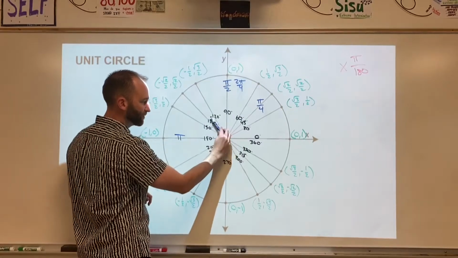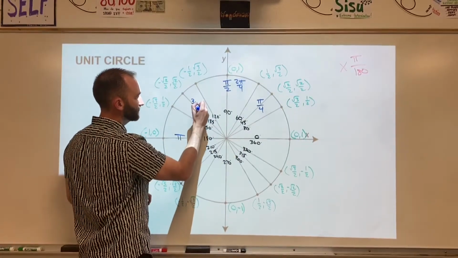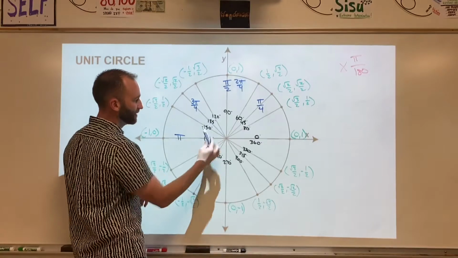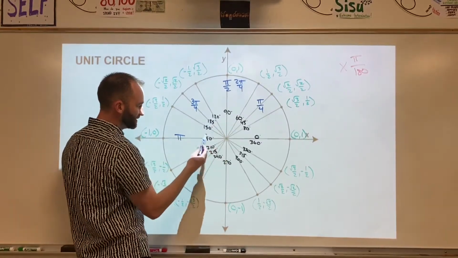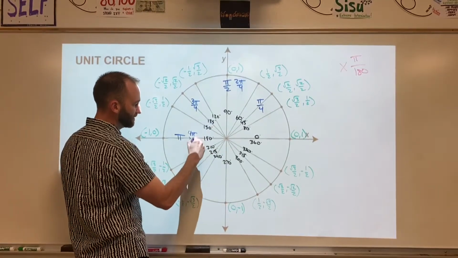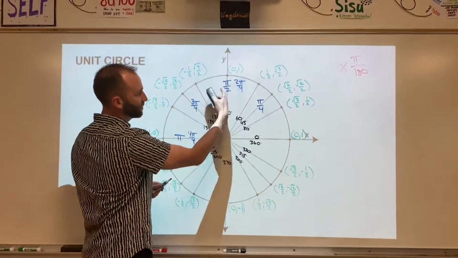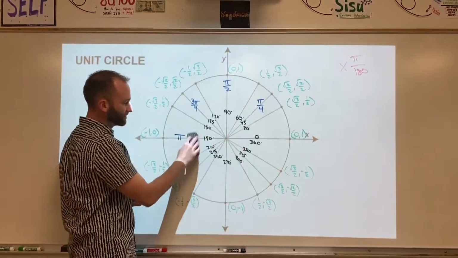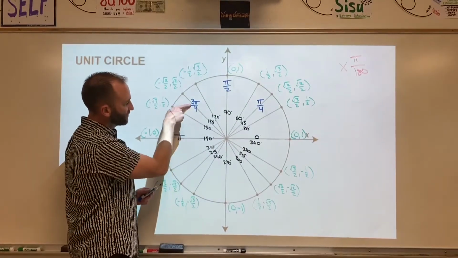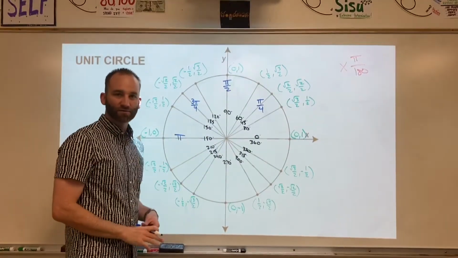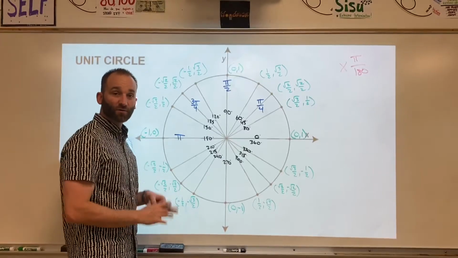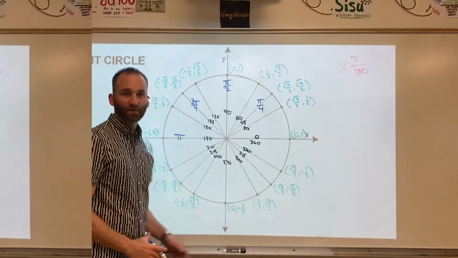If I go another 45 degrees, that lands us at 3 pi over 4. And then finally another 45 degrees, that would be 4 pi over 4. I don't need to write these ones in because they're already there for me. They're already reduced, which is great. I checked this one, 3 pi over 4. It's in simplest form. We're good to go. Your job is to figure out the ones on the bottom.